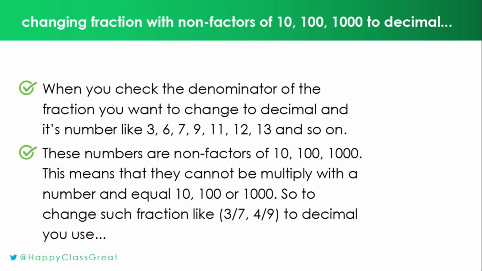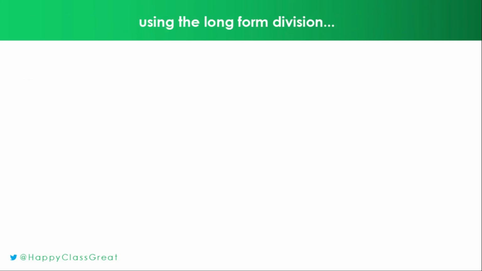To change such fractions like 3 over 7 or 4 over 9 to decimal, you use what we call long form division. This is a little bit more complex, so I won't go deep into this. Most common questions that your teacher or anyone will give you under fractions usually revolve around the two parts that we have talked about: fractions that have 10, 100 as their denominator and fractions that have factors of 10, 100 as their denominator.